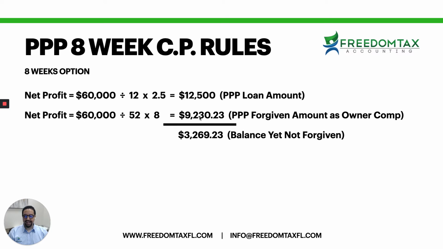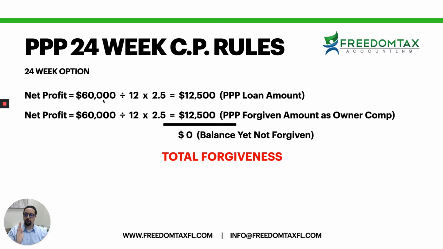This amount is less than your PPP loan amount, so you have a remaining balance, which for self-employed is hard to get forgiven, because you can only forgive that portion if you had business rent, business utilities, and business mortgage interest. And for self-employed, it's very hard. Most self-employed don't have an office that they rent. So this is the 8-week rule, which we do not want. We want to use the 24-week covered period rules. Why?